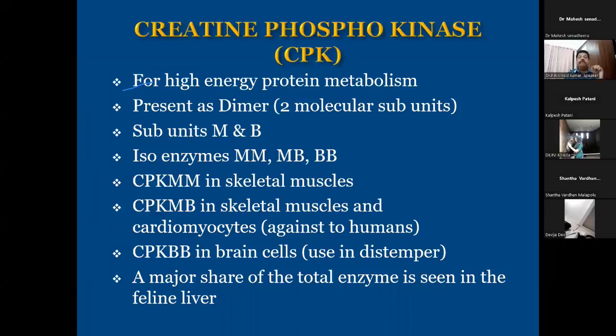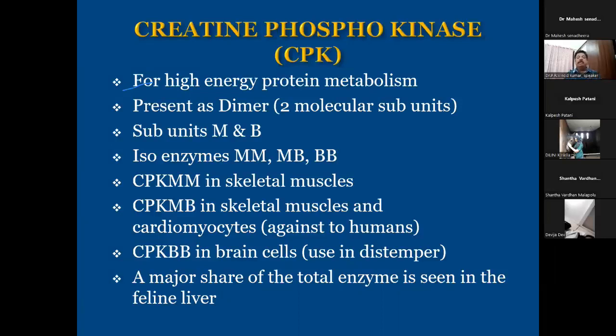In human beings, when they are in the CCU, the coronary care unit, they will take the serum for estimation of CPK-MB. It is highly specific. And CPK-BB is highly brain specific. Almost 100% of the CPK-BB isoenzyme is seen in the neurons. So in human neurology, CPK-BB is very important.